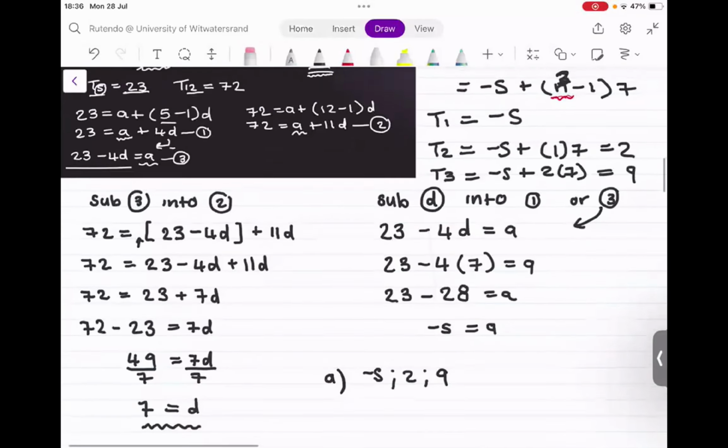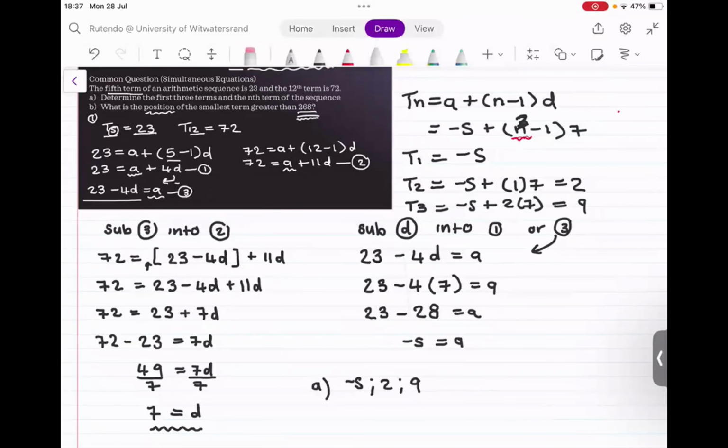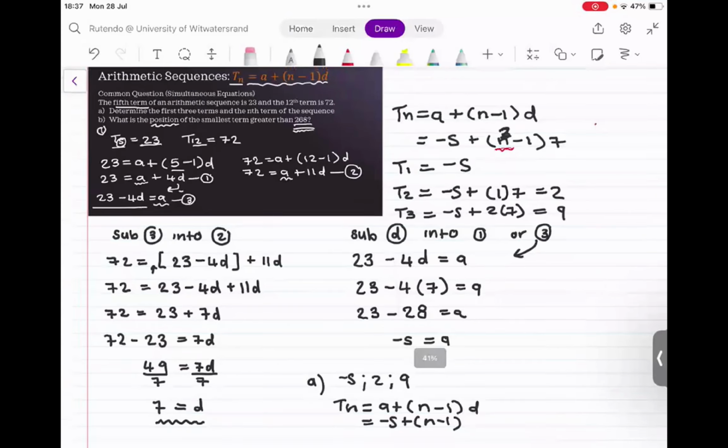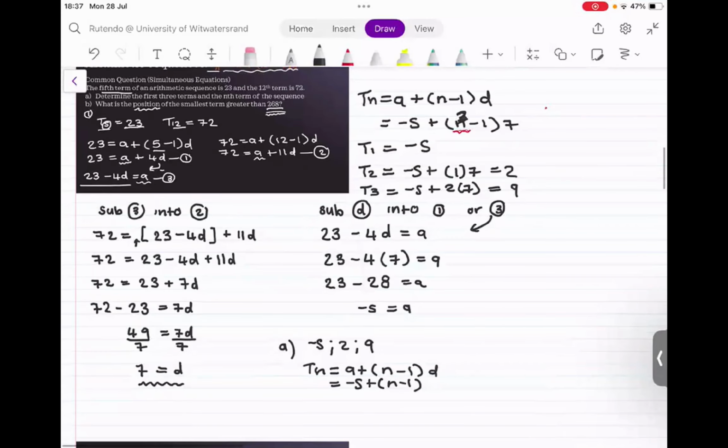We have our equation, and let's just simplify it. So we had Tn is equal to A plus n minus 1 multiplied by D. We found our A to be minus 5, plus n minus 1 multiplied by 7. What is this when we simplify it? I'm giving you guys 1 minute, if we simplify it and get rid of the brackets.